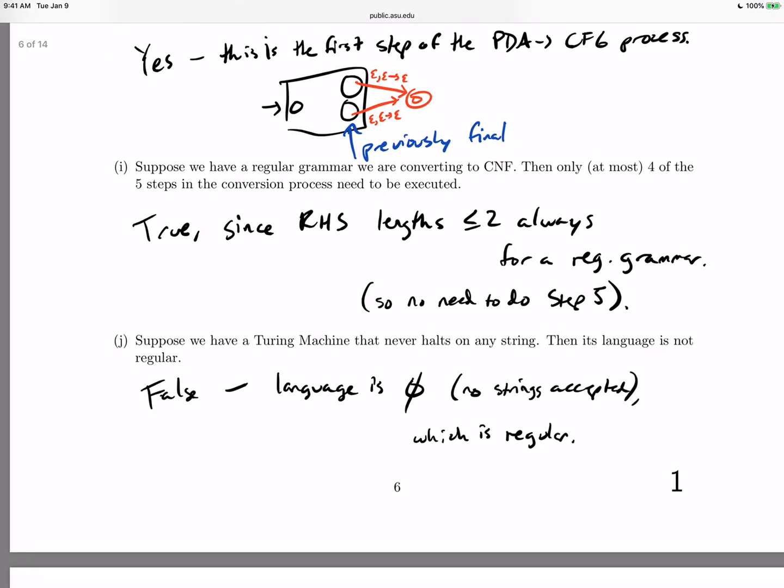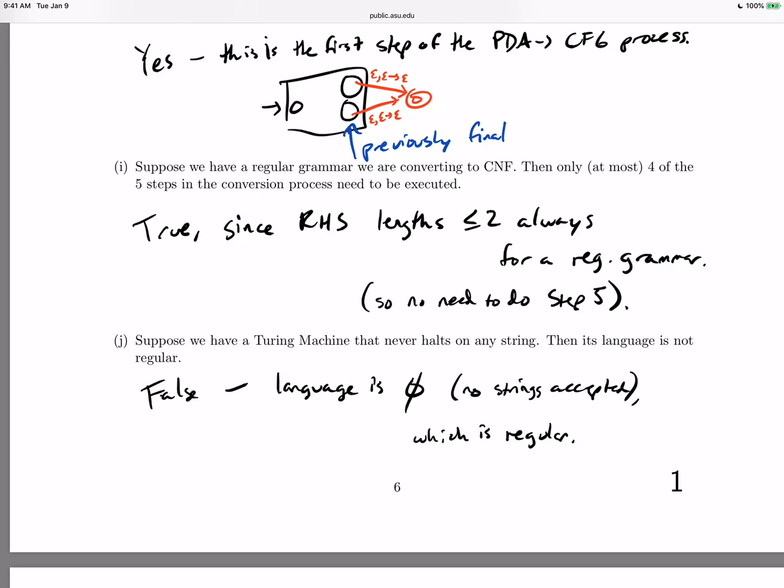A lot of people missed it, and a lot of people said flat out that you have to do all of them, or that you can't convert a regular grammar into a context-free grammar. But isn't a regular grammar already a CFG? Yeah, because it's just a certain type of thing on the right side, whereas a CFG can have anything. So it's already a CFG.